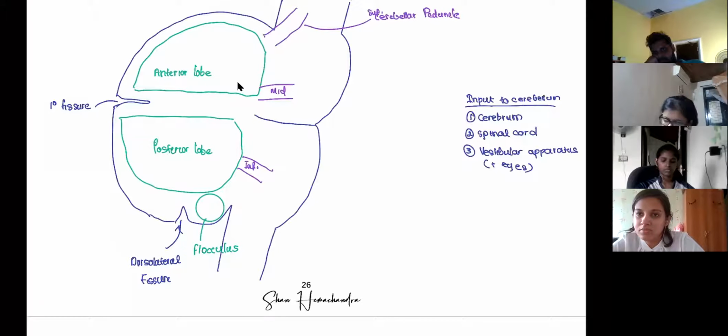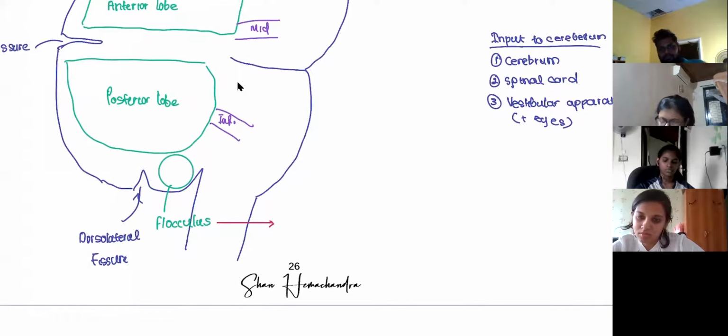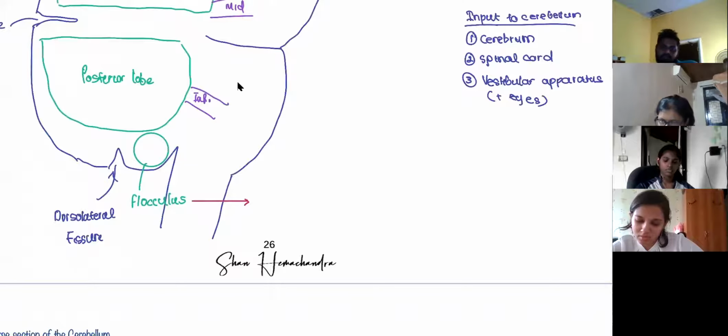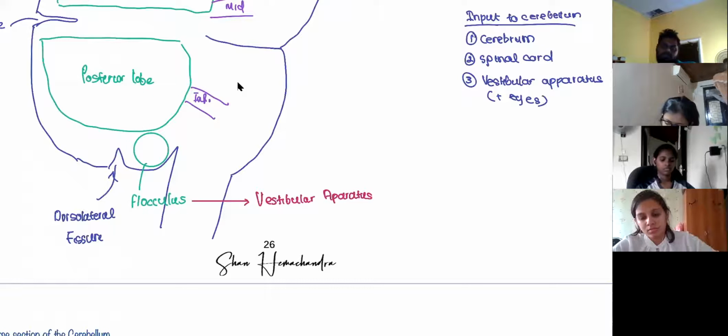I know you can't memorize this based on anatomical locations, but remember this: the flocculus was the first developed structure, and it received signals about the location and balance of the head and eyes from the vestibular apparatus. So this is related to the vestibular apparatus, plus eyes.